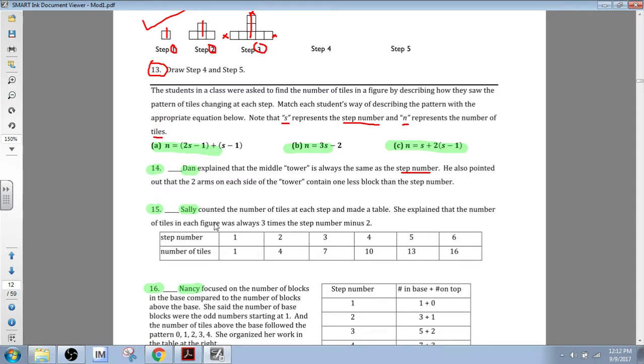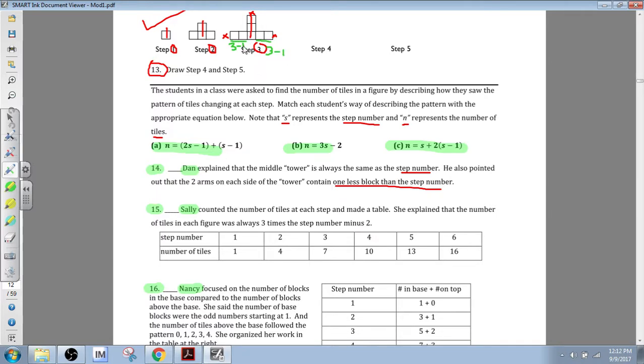He's always saying that the number of tiles in the middle equals the step number. He also pointed out that the 2 arms on each side of the tower contain 1 less block than the step number. So when we're looking at step number 3, this arm is 3 minus 1, and this arm is 3 minus 1.